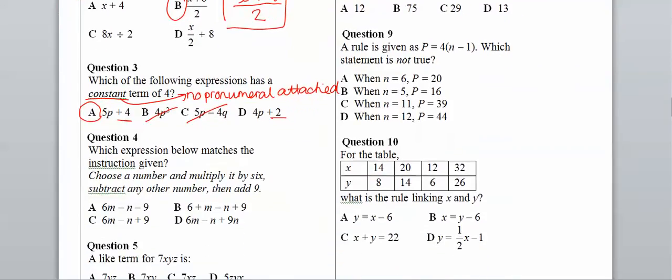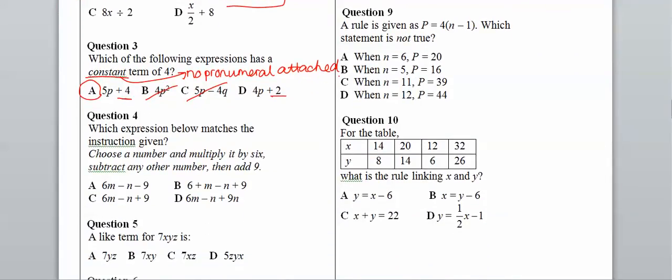So question 4. Which expression below matches the instruction given? Choose a number and multiply it by 6. Subtract any other number. So you've got 2 different numbers. Then add 9. So in the answers they've used M and N. So let's start with M. Choose a number and multiply it by 6.